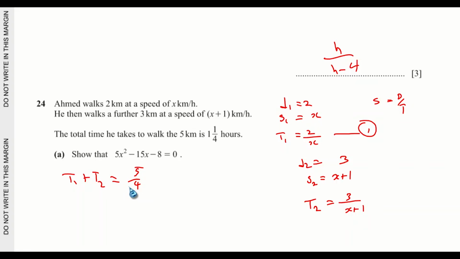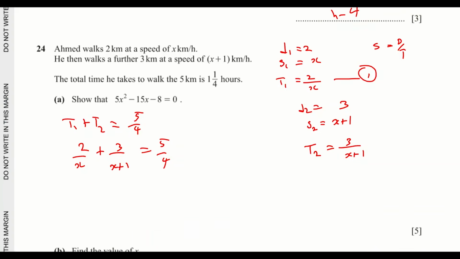Okay, so we can actually say 2 over x plus 3 over x plus 1 is equal to 5 over 4. Now we need to linearize this by multiplying through by the LCM of the denominators.